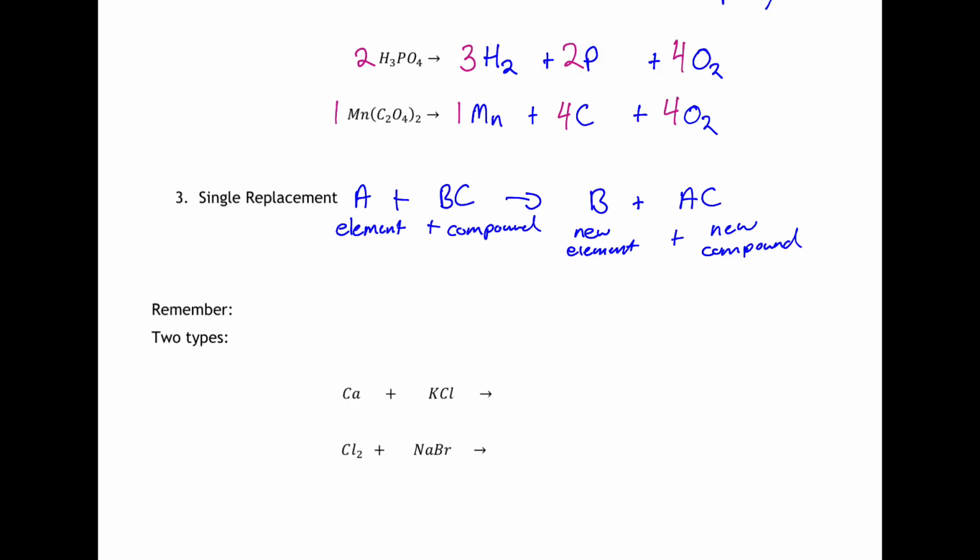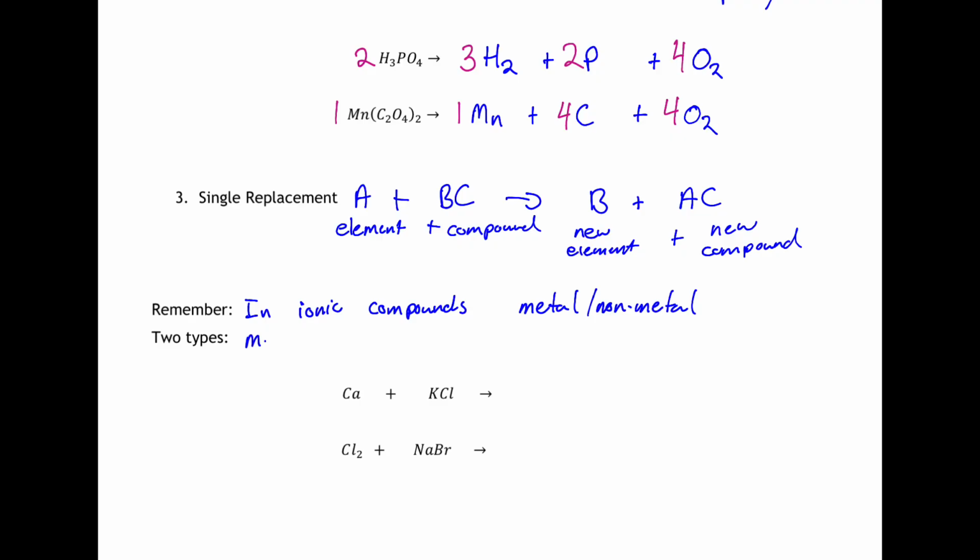So this is found in ionic compounds, which are metal, non-metal pairs. No, covalents don't do this particular kind of reaction. Covalent compounds don't do this kind of single replacement reaction. So there are 2 kinds.